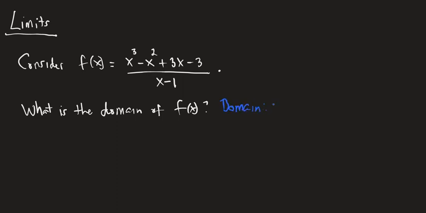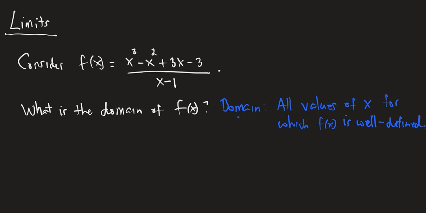So the domain is referring to all values of x, in this case, because that's our independent variable, for which f of x is, we say, well defined. Well, what does that mean?